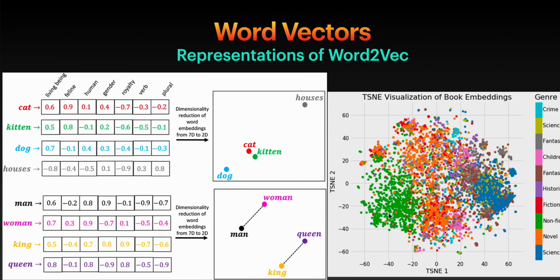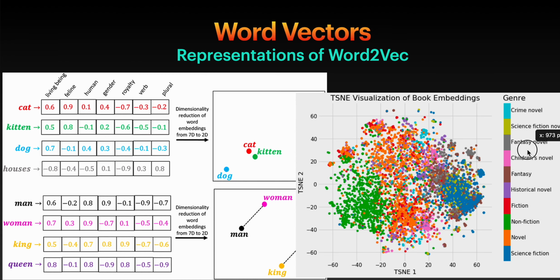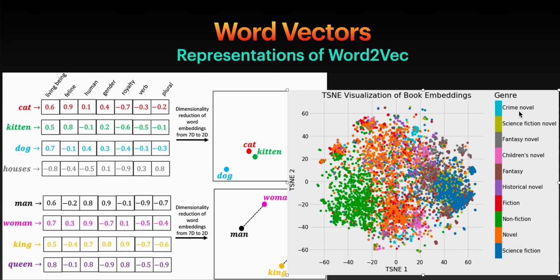The words in one cluster will have similar kinds of vectors, because they might belong to, say, crime novels, children's novels, fiction, or non-fiction novels. It's like a category, and words in the same category have similar vectors in the space.